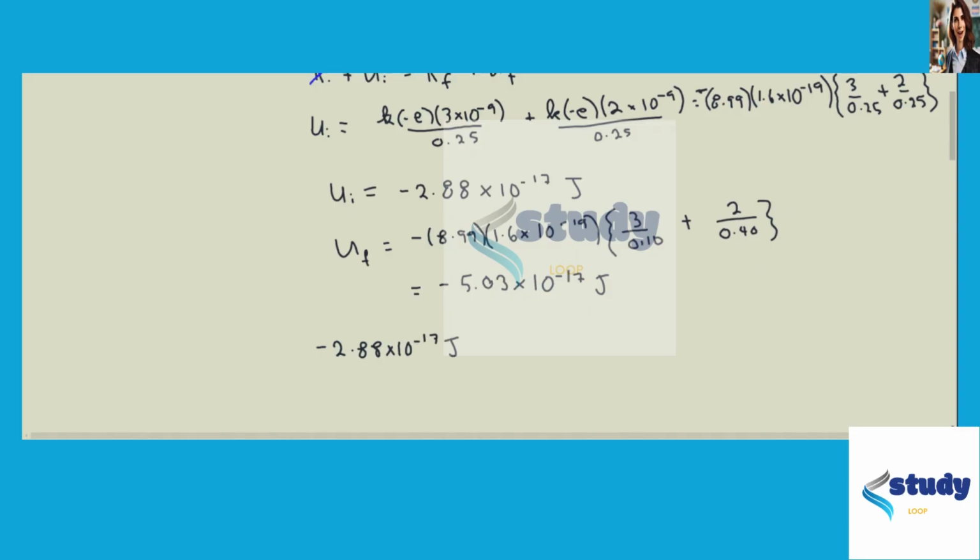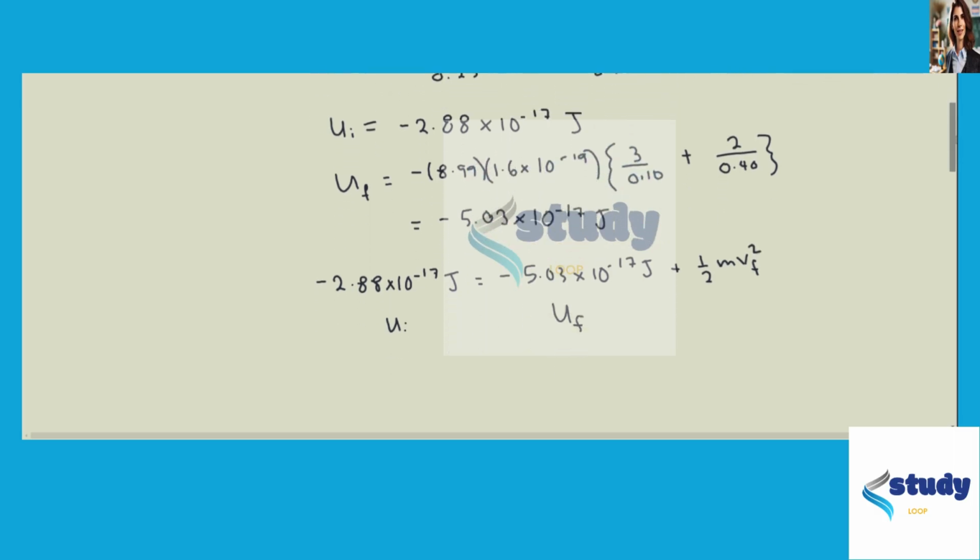So here is our beginning potential energy. Final potential energy is on the opposite side with the final quantities, and we have 1/2 m v final squared, speed squared final for the electron.